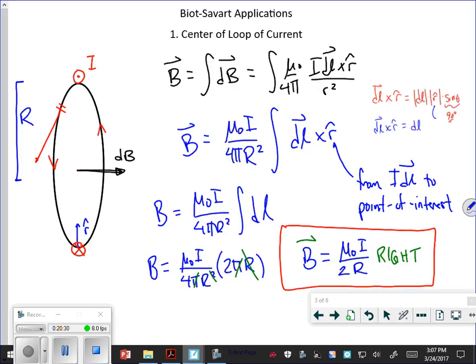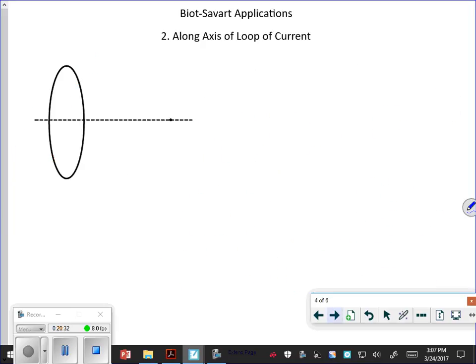Okay. Another application. Let's look at the same hoop, and look at the magnetic field at point P now, located at distance Z from the plane of the hoop.